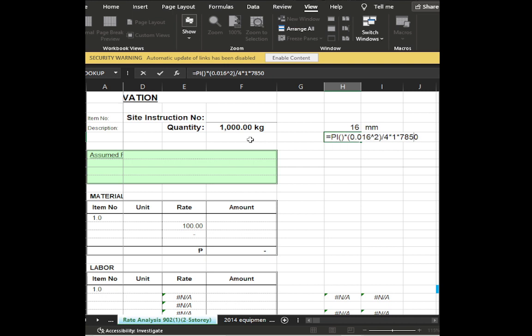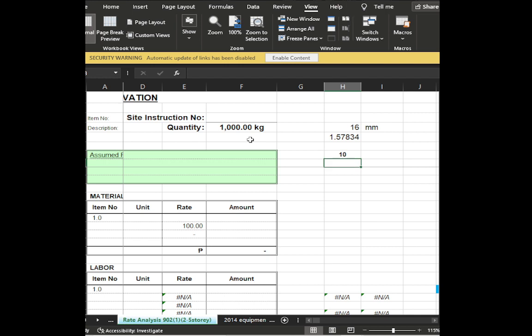So the result of this one is the kilogram, or the weight, of 16 mm for 1 meter. So this is the 1 meter per kilo. If you have 10 meters, you just multiply this one by 1.578. This is the weight of 10 meters of 16 mm rebar diameter. So that is how to compute, guys.